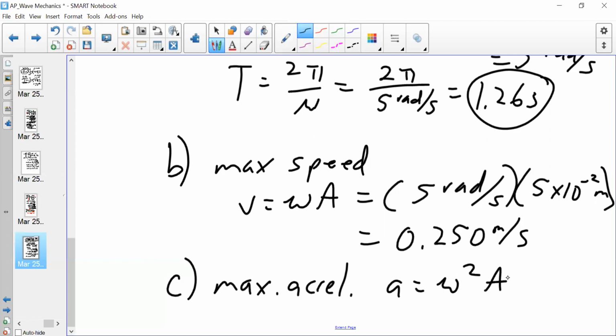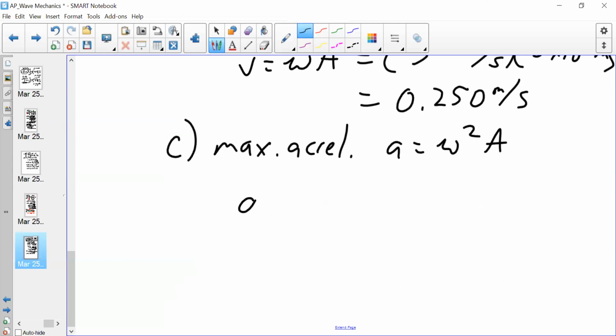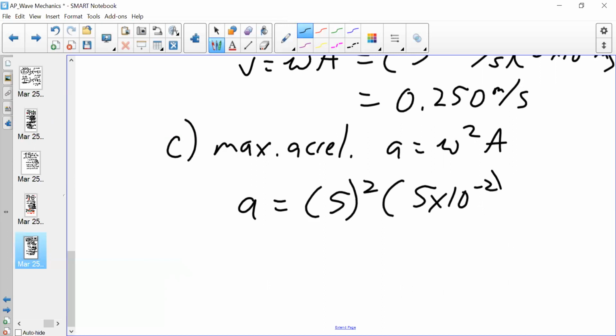But for the maximum, it's 5 squared times 0.05, which is 1.25 meters per second squared. So there's maximum acceleration at the edges, and maximum velocity right in the middle, right through zero.